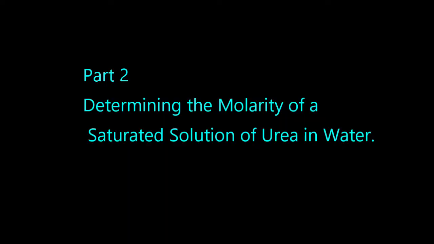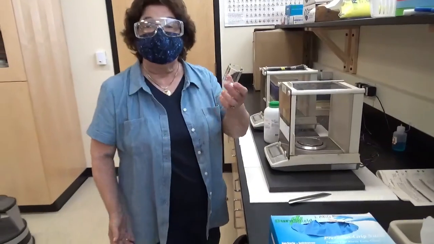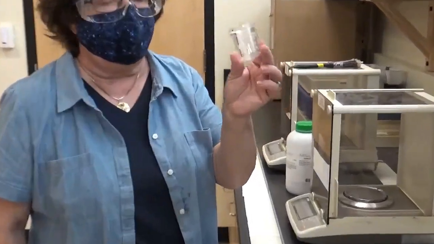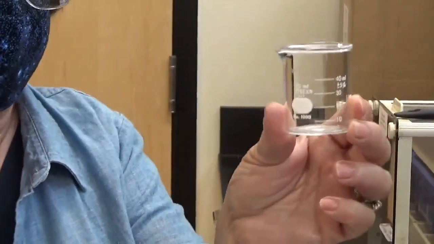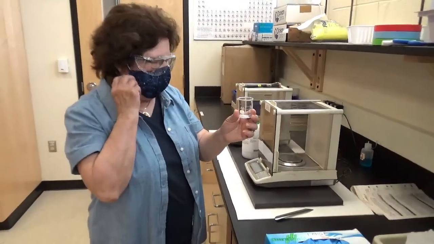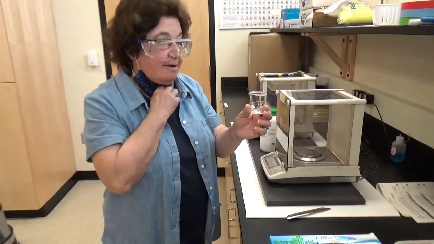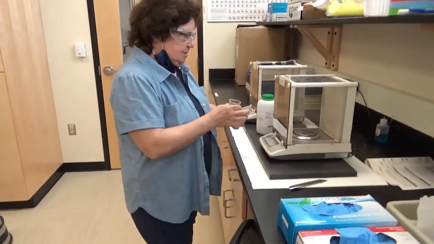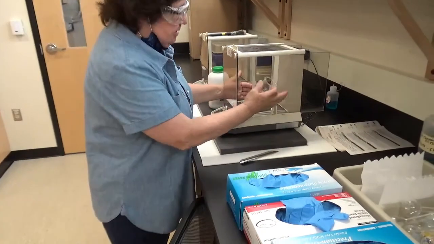Okay, we're up to part 2, determining the molarity of a saturated solution of urea in water. So the second part of this lab says to take a small beaker, 50 milliliters, I think these are so cute, and to put some of the urea in it, between 4 to 6 grams. So what we're going to do first is to tare it.